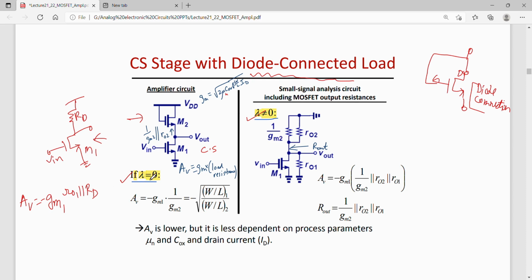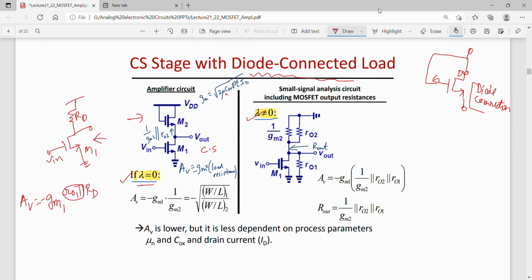Since lambda is 0, there is no ro, so the gain is simply minus gm1 times RD.